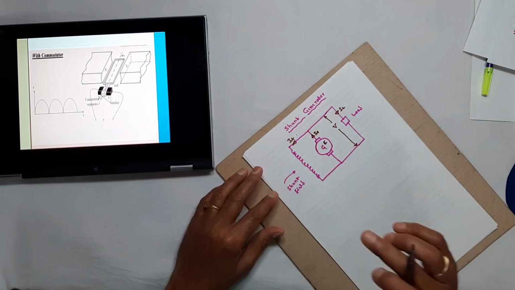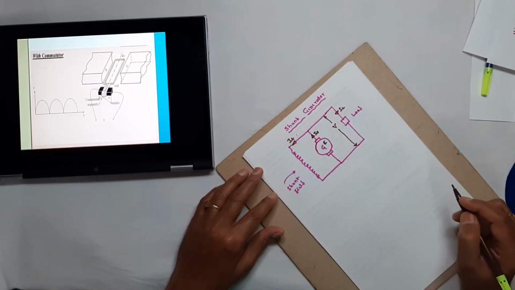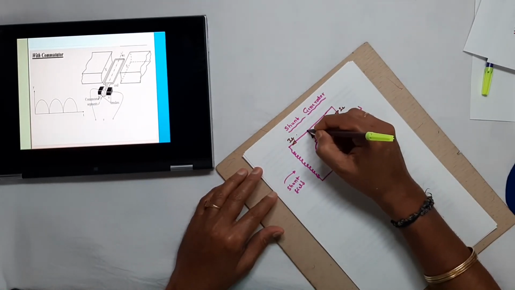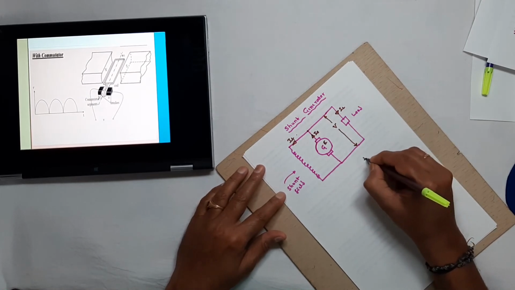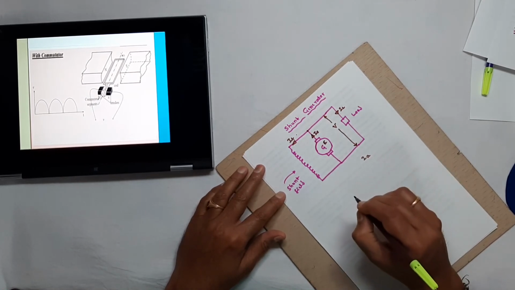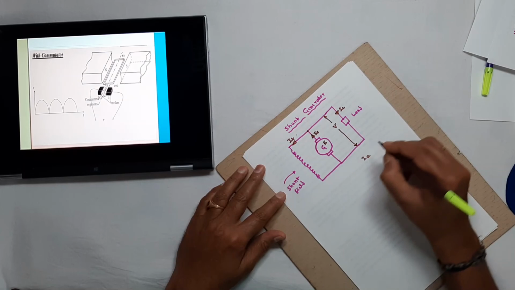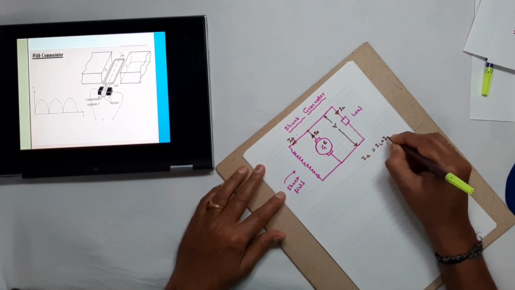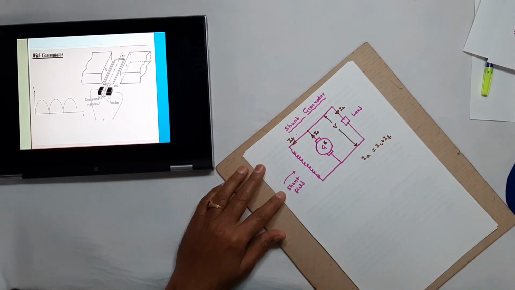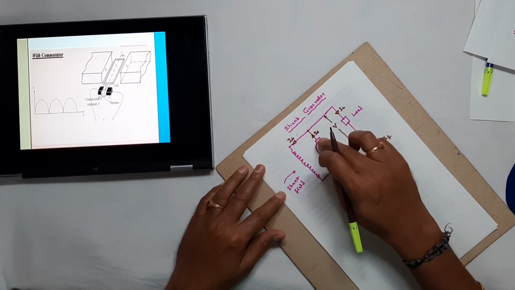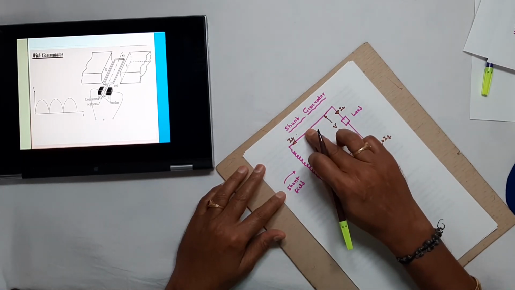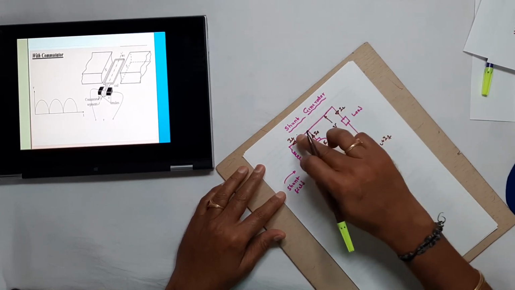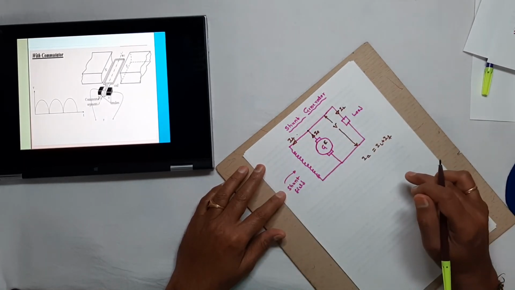If you apply Kirchhoff's current law at this node, the armature current in the case of shunt generator, IA, must be equal to IL plus ISH, IF, that is the field current. The incoming current is IA, the outgoing currents are IL and IF.